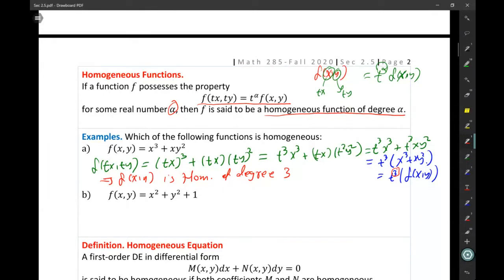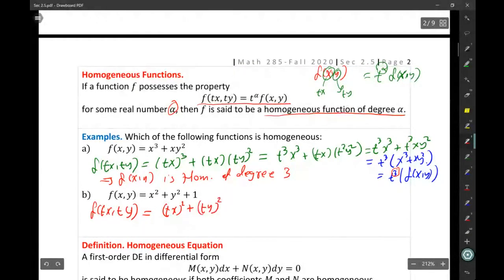طيب نشوف next example. قال لي f of xy is equal x square plus y square plus 1. هلا now f of tx ty, it will be عبارة عن ايش؟ tx all of them square plus ty all of them square plus 1, which is t square x square plus t square y square plus 1. If you would like to take t square as a common factor, this becomes t square في x square plus y square plus 1 على t square.